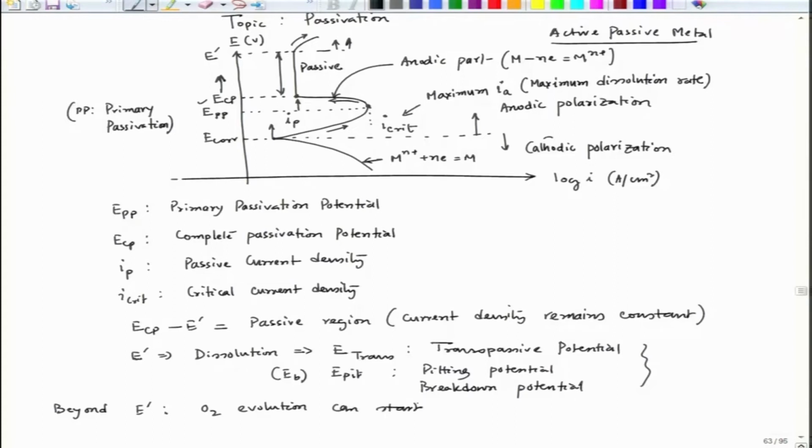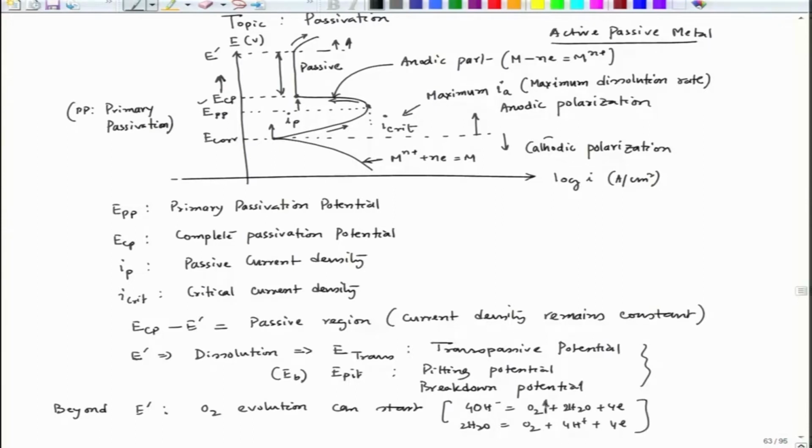And if we check the reactions that are possible beyond E prime, it can be either OH minus going to O2 plus H2O plus 4e, or H2O going to O2 plus 4H plus plus 4e.